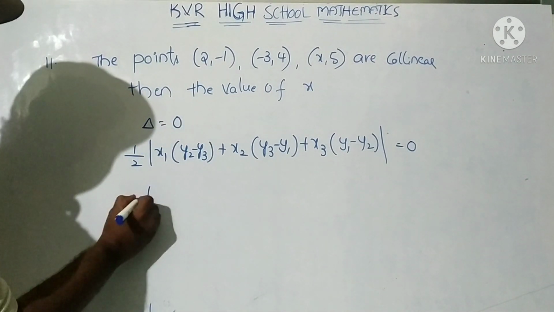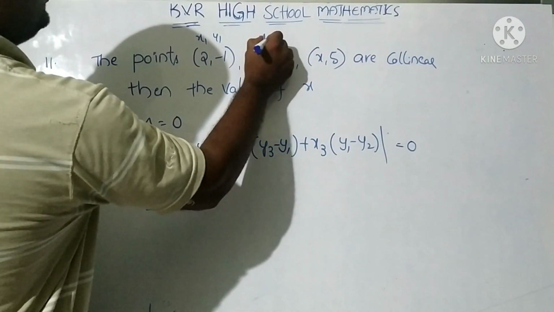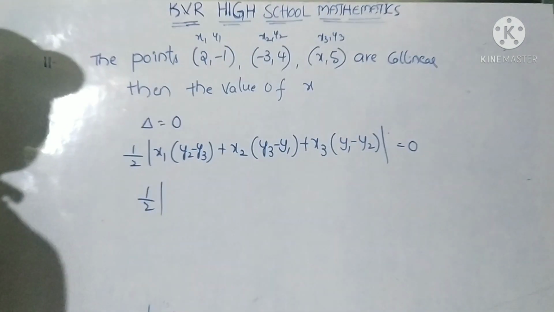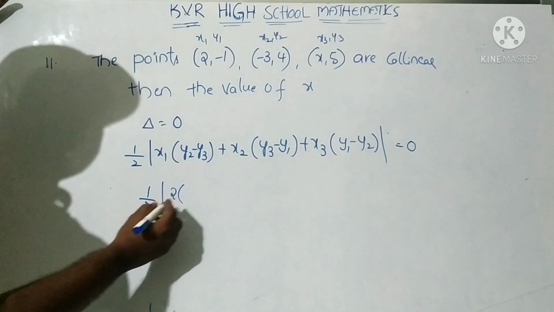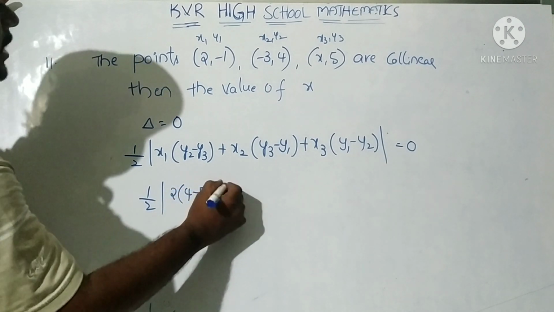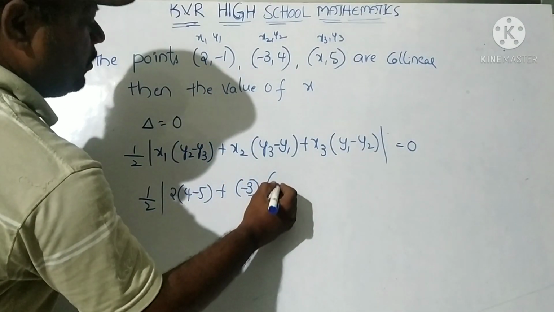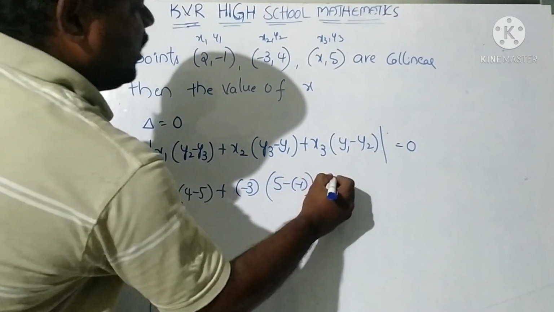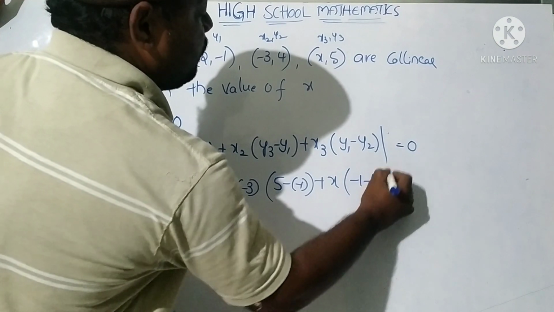So now apply the values, half modulus of. This is x1 y1, this point is x2 y2, and this point is x3 y3. Substitute here: 2 into (y2 minus y3), 4 minus 5, plus x2, which is minus 3, into (y3 minus y1), 5 minus of minus 1, plus x3, value x, into (y1 minus y2), minus 1 minus 4, equals 0.